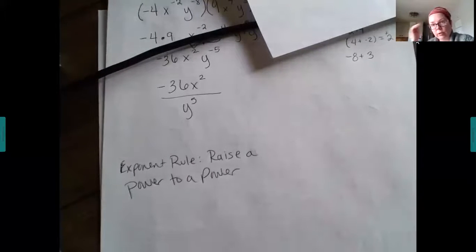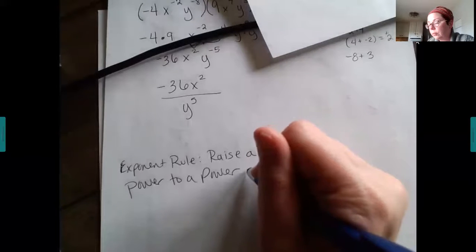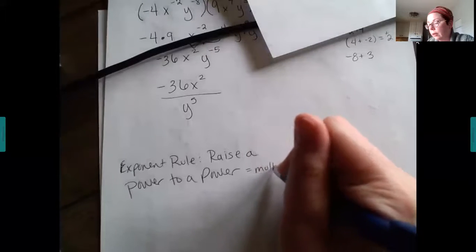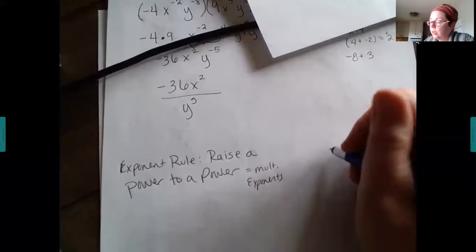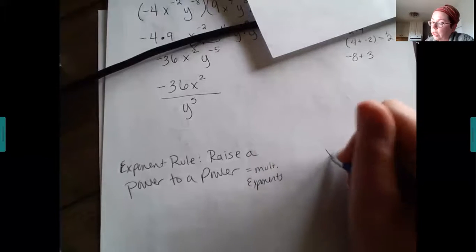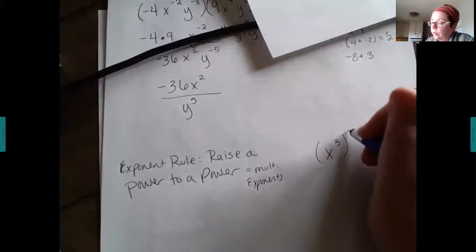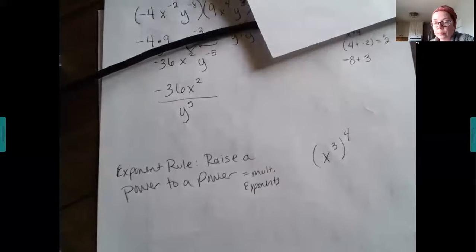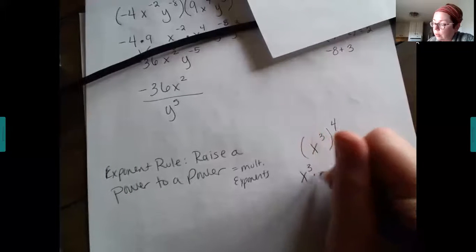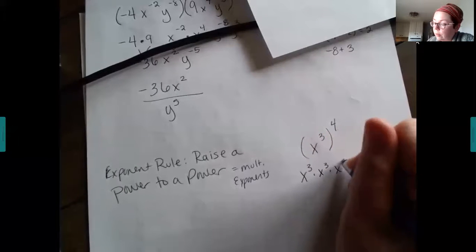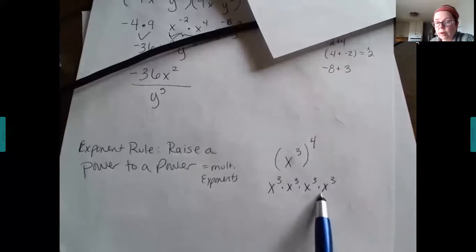So I'll show you what I mean by that in a second, but the rule is you're going to multiply the exponents. So if we had something where it says x to the third to the fourth power, if I wrote this out 4 times, this is what that means, right?